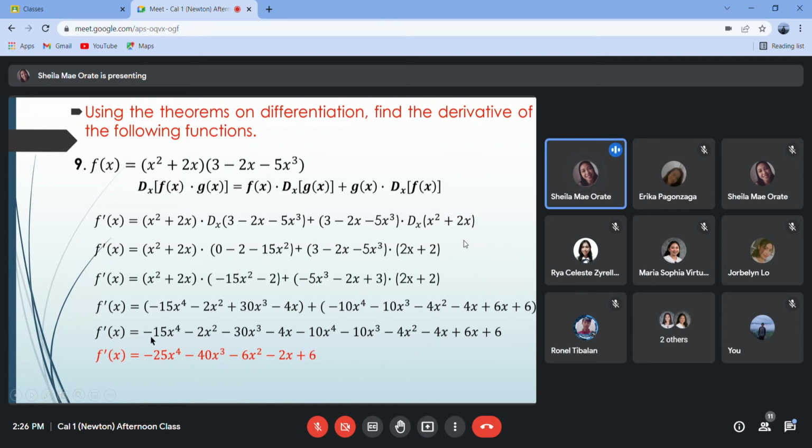Okay? Negative 15x raised to the power of 4. I-combine nato silang duha because they have the same exponent. Sila ang variable. So, we have negative 25 plus negative 15 minus 10. Change operation, change the sign. So, we have negative 25. Then, kay 30 diay. Okay, change operation, change the sign. Yes, we have negative 40. Then, x squared, negative 2, negative 4. Change operation, change the sign. Is negative 6. Negative 2x plus 6.